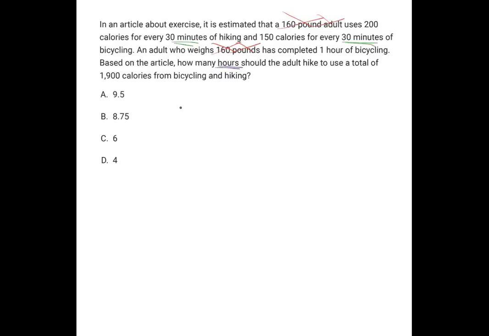So let's name our variables. Let's say X is the number of hours hiking and Y is the number of hours biking. So if we're hiking for X hours and the adult we're talking about uses 200 calories for every 30 minutes of hiking.